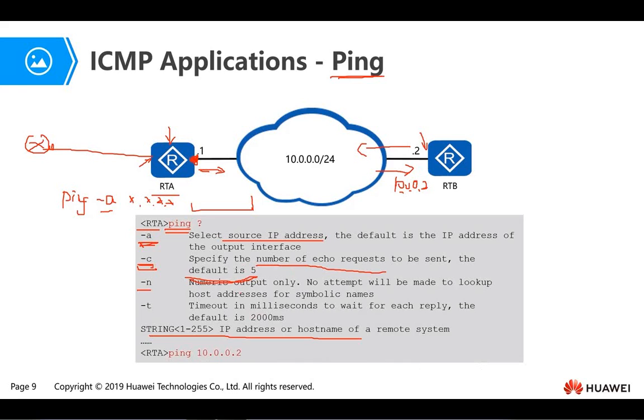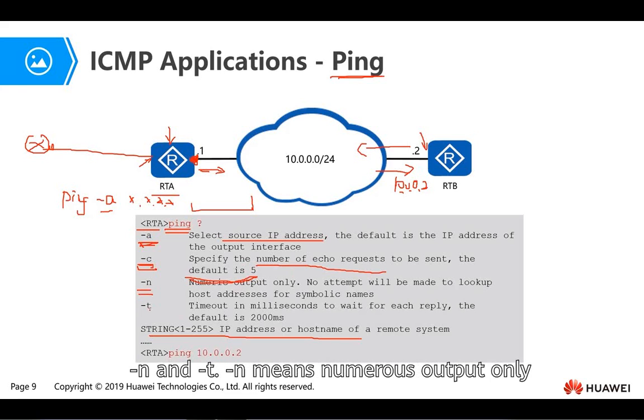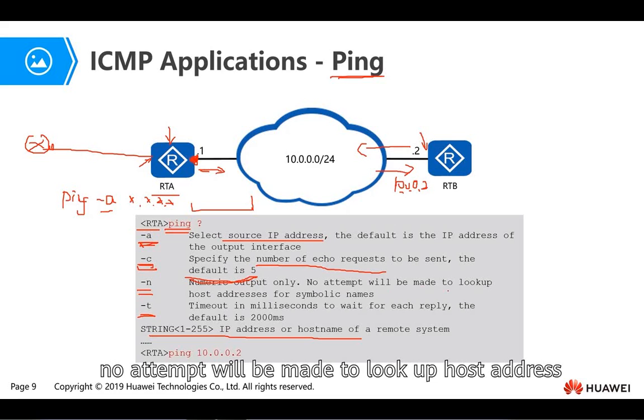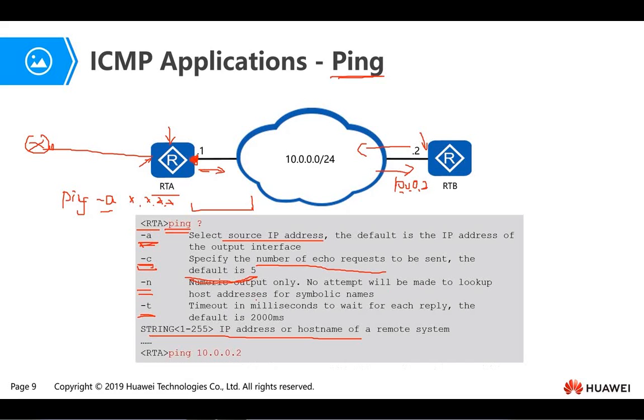And of course, there are others, -N and -T. The -N means numeric output only. No attempt will be made to look up host addresses for symbolic names. That means do not use the domain name. And -T specifies the time to wait.